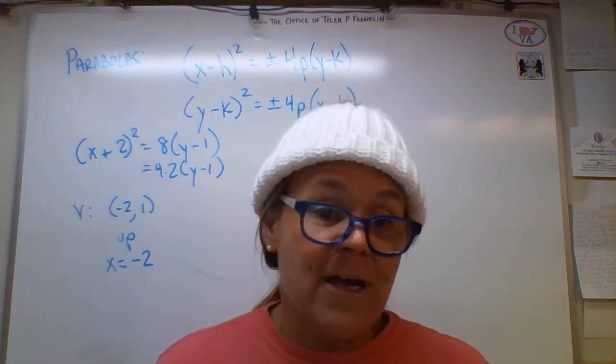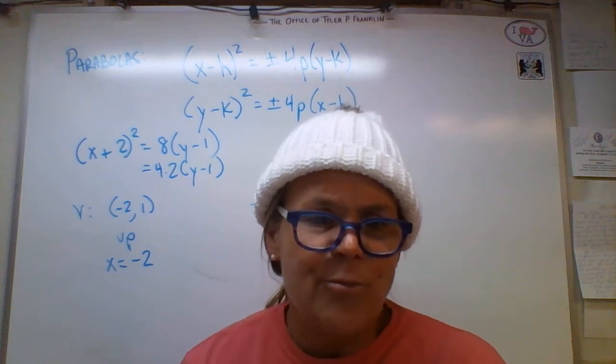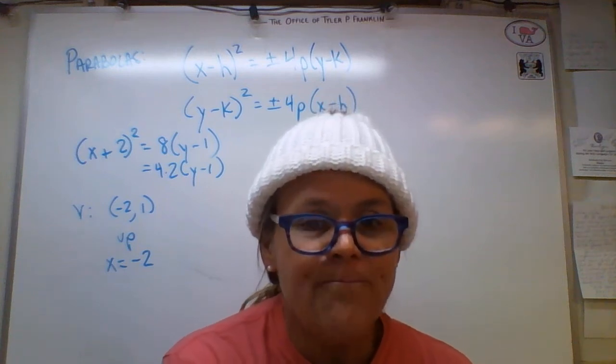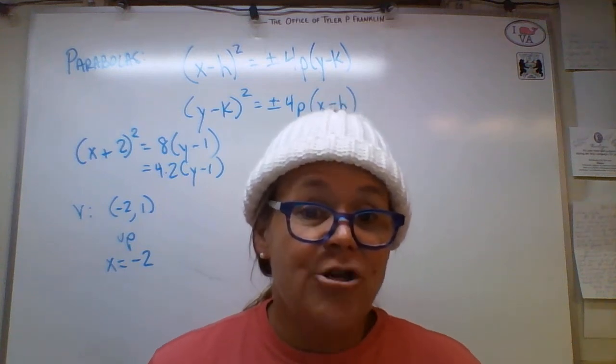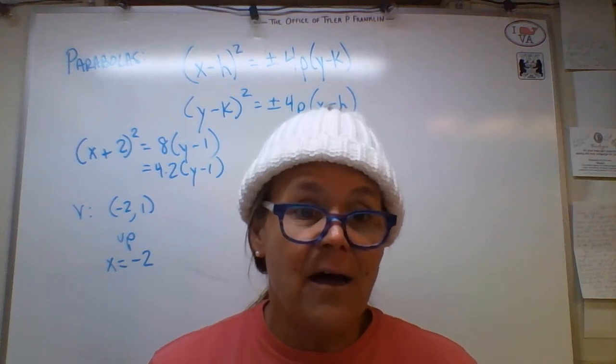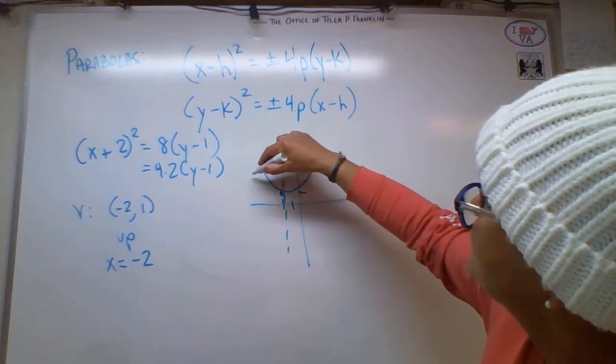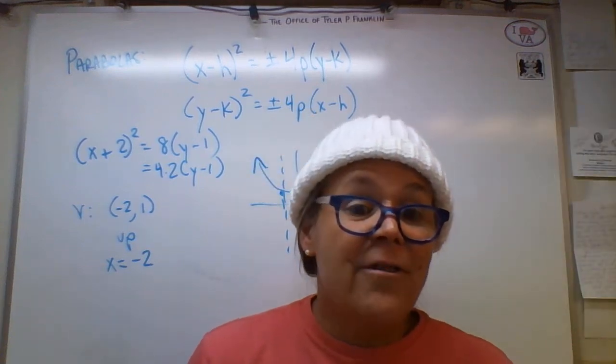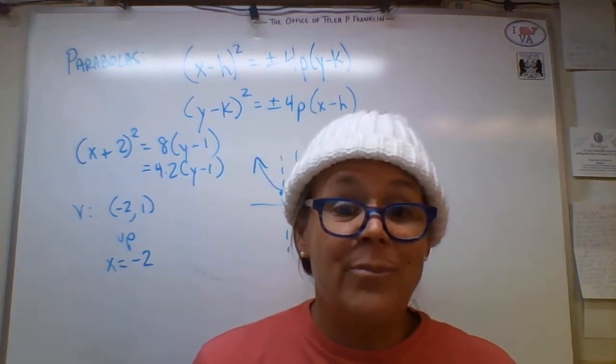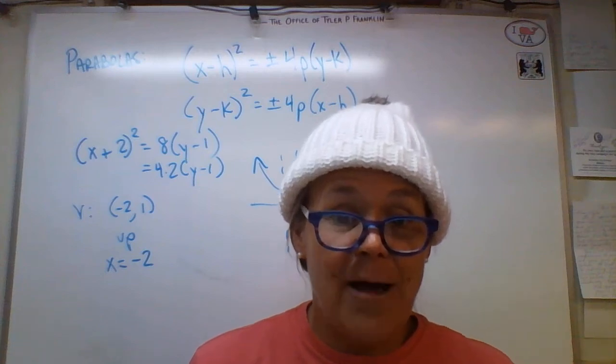Coordinate of the focus. I'll let you do these pretty easily without a table. What I want you to think is you're going to have a right side up parabola. Now, the focus is going to be inside the parabola.